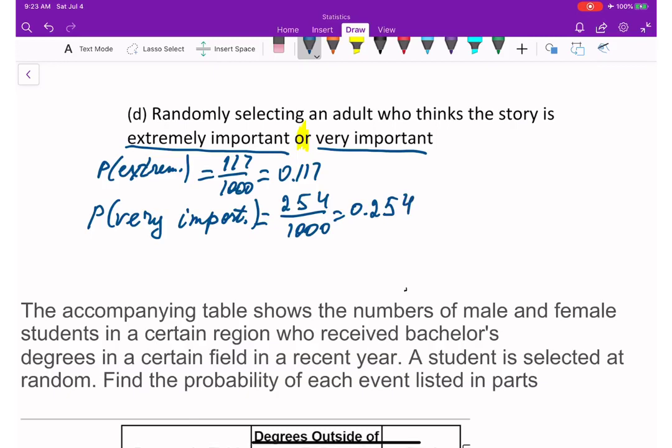So if we add them up, we will get 0.117 plus 0.254, and that would be equal to... wait a minute.